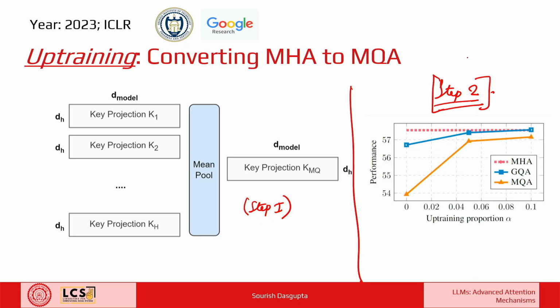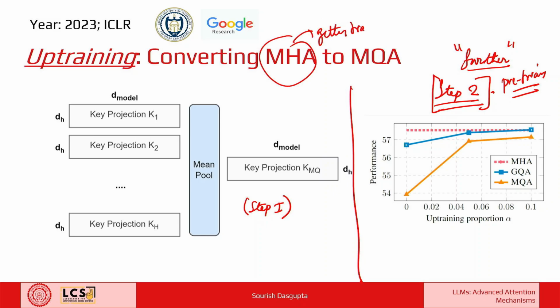you then do further pre-training. What is further? Further means you were doing the training of MHA. So this was getting trained, and let's say the idea was to make it go through K epochs, let's say.